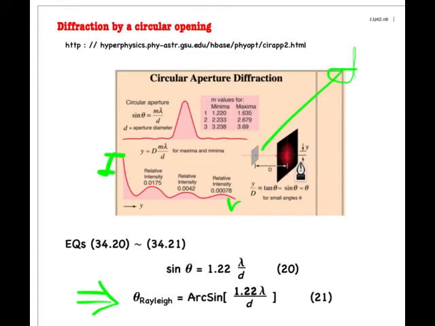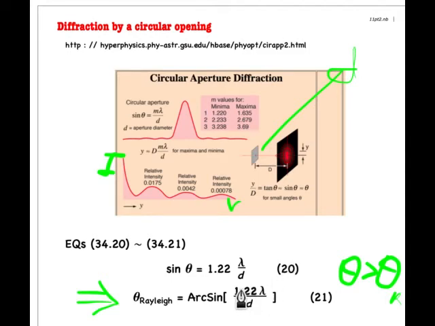So you can tell them apart if the angle obeys what's called the Rayleigh Criterion. So if the angle is greater than the Rayleigh angle, which is the arc sine of 1.22 lambda over d.